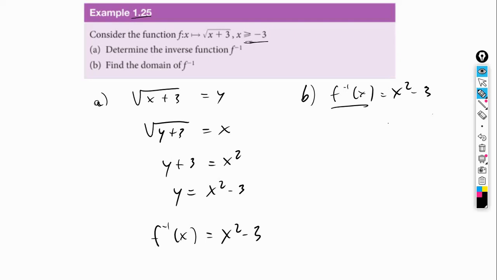Since the lowest value is 0, and after that it just goes up and up and up, that means the range would be from 0 to infinity. Therefore, the domain of the inverse would be the range of f of x. So that means that the domain of this would be restricted to 0 to infinity.